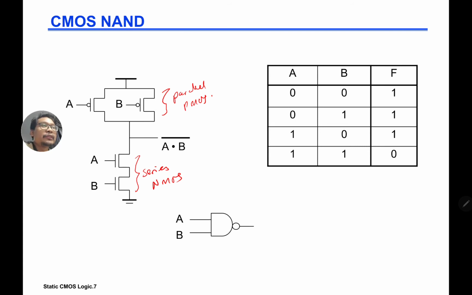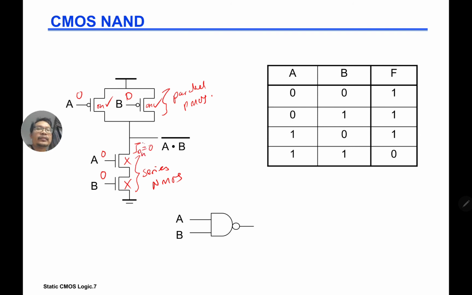Now what happens if you put 0 on A and B? So A is 0, and we're also going to put a 0 on B. Here is going to be cut off, and here is on. Let's put a tick here, on and tick. So what happens if the NMOS is off? Then ID equals 0.